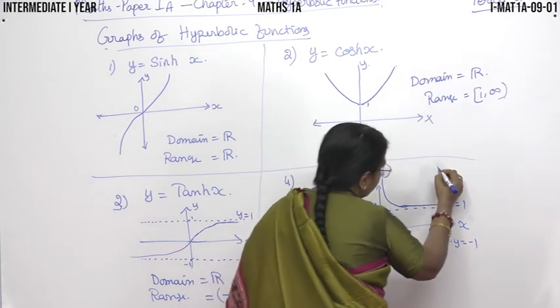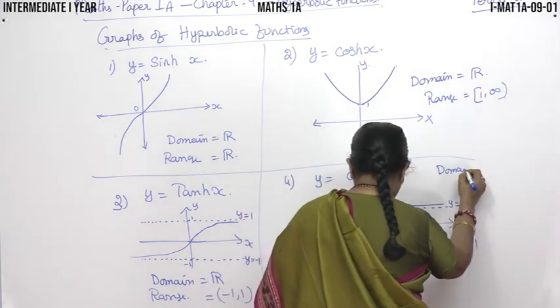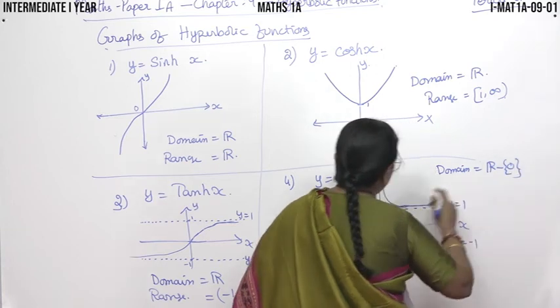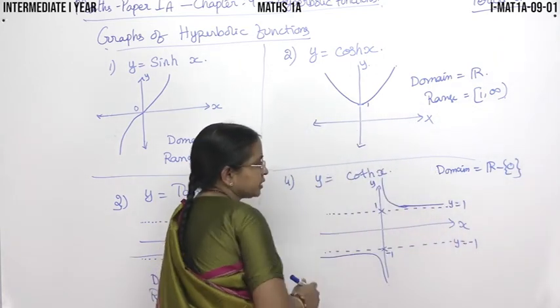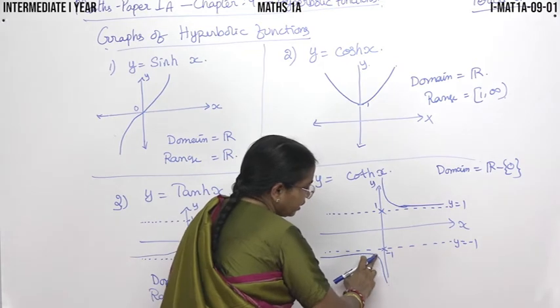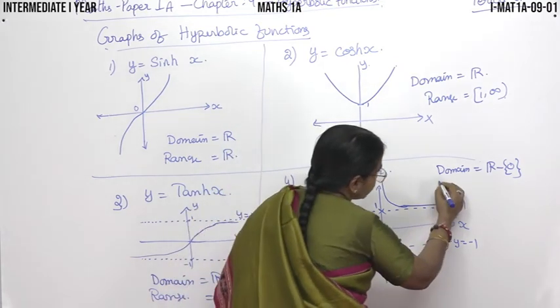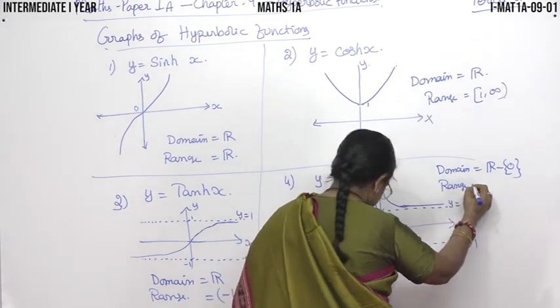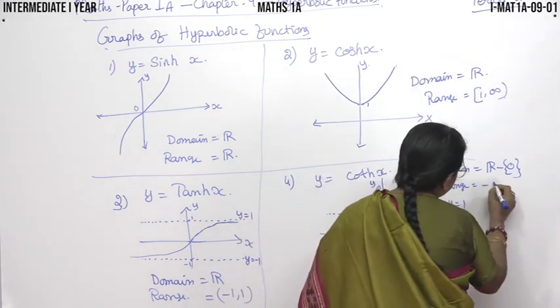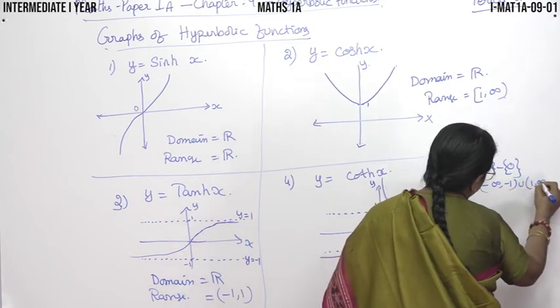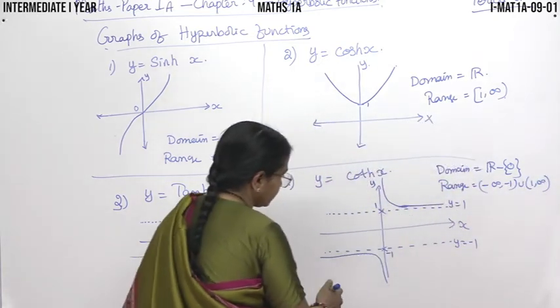So here the domain is the real number set minus 0, because when x is 0, cot hx is not defined. The denominator becomes 0. Then the range is (minus infinity, minus 1) union (1, infinity). This is the range and this is how the graph will be.